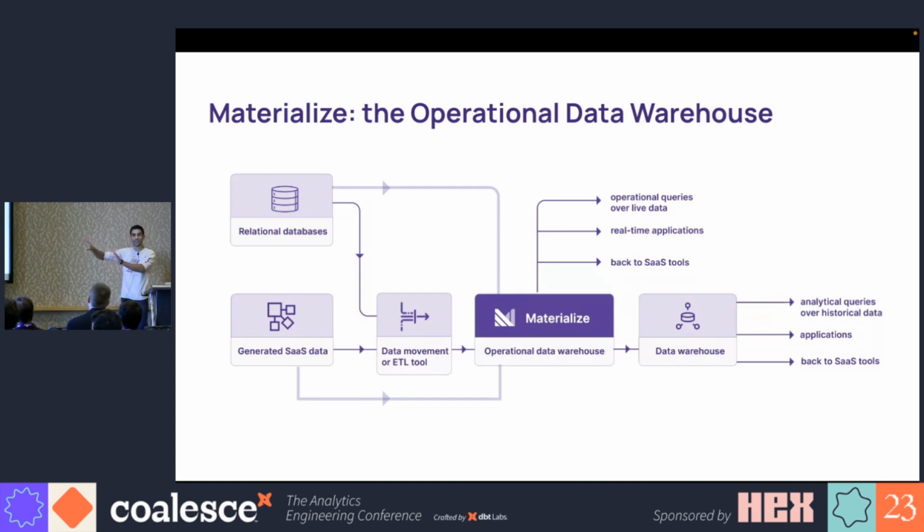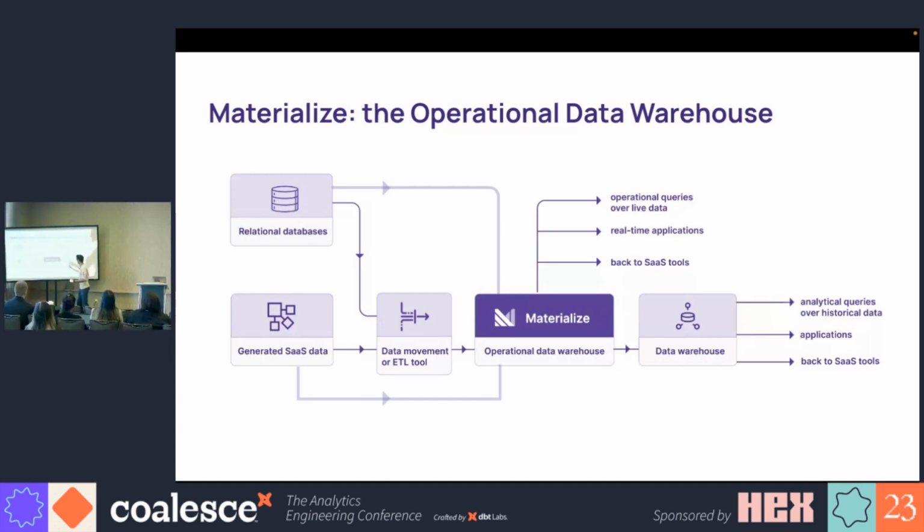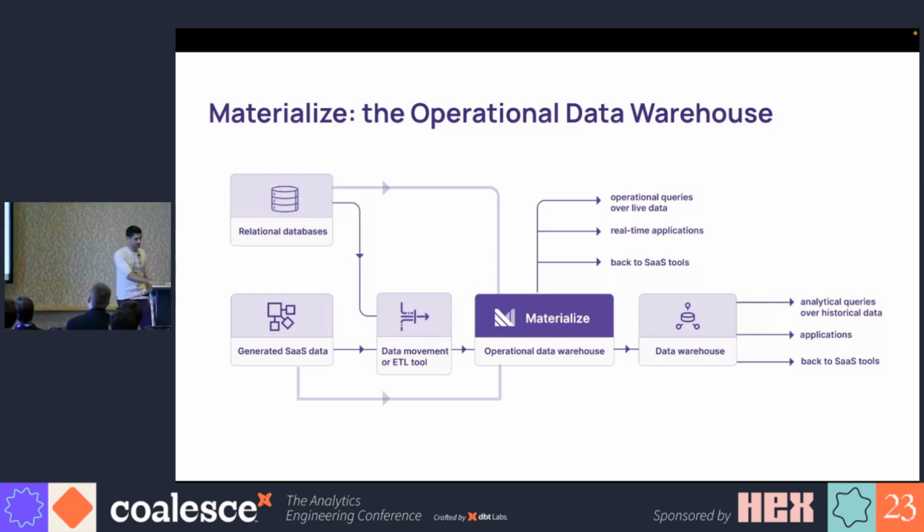But Materialize handles it all in real time. What used to be a slow 30-minute batch from here to here instantly flows into Materialize, where it gets computed with the same SQL queries that you're used to writing, that your team of analysts knows how to write, and then instantly flows back out to your downstream applications.